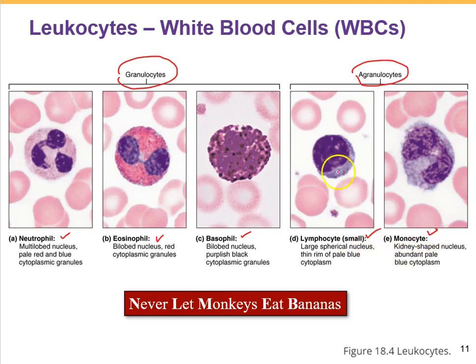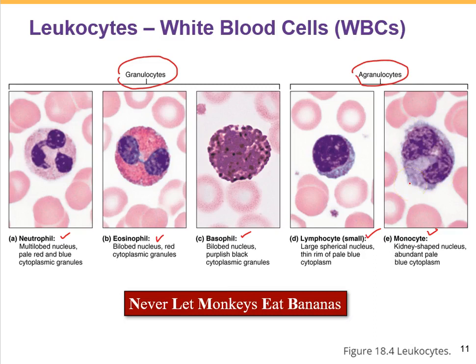As you can see in this blood smear, the lymphocyte has a large spherical nucleus with a thin rim of cytoplasm around it. And the monocyte, which is the largest white blood cell, has a kidney-shaped nucleus with abundant pale blue cytoplasm around it.